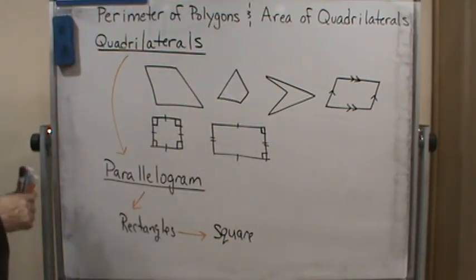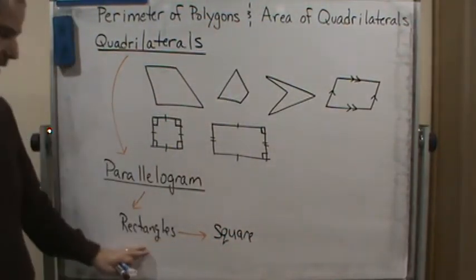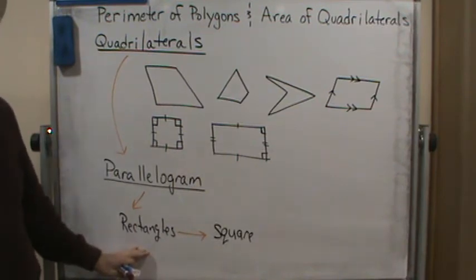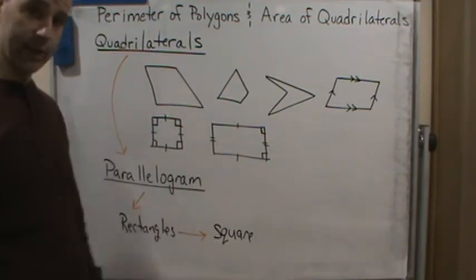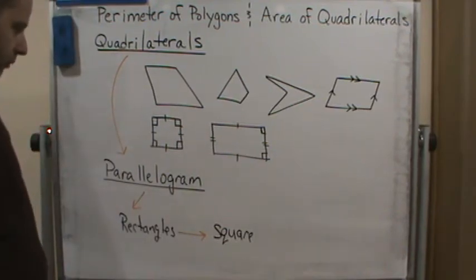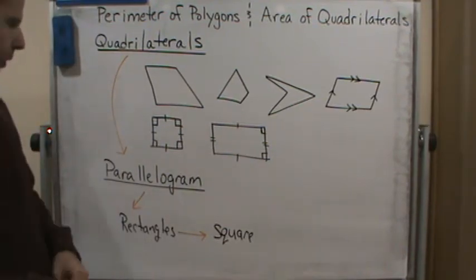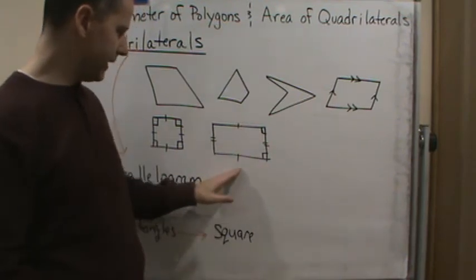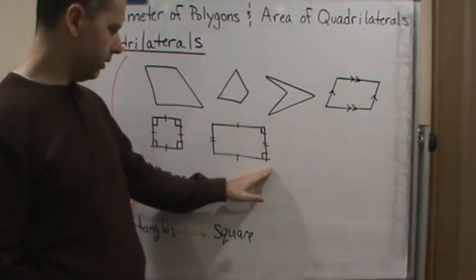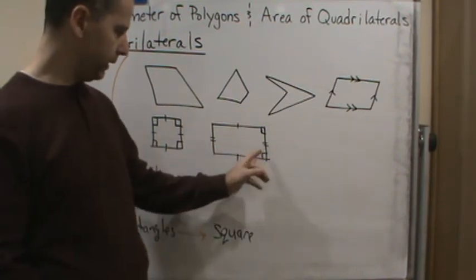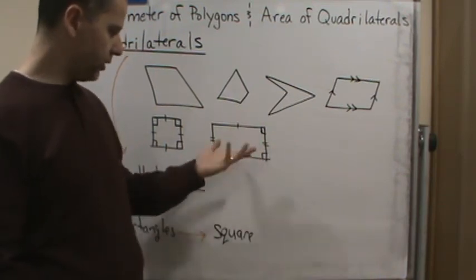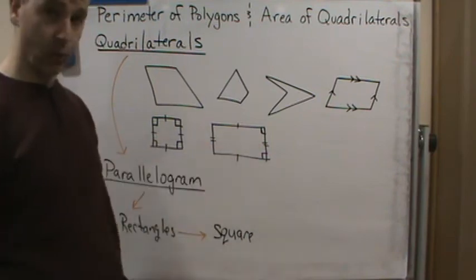Now, what's a square? A square is a rectangle, except it has one more added characteristic. All the sides are the same length. So here, this would be a rectangle, because it's obvious that the opposite sides are parallel and the sides intersect at right angles.